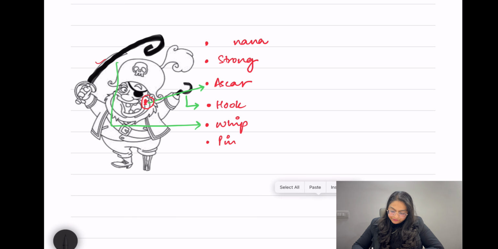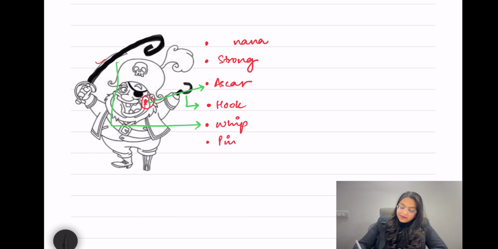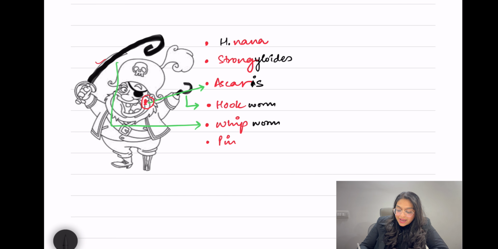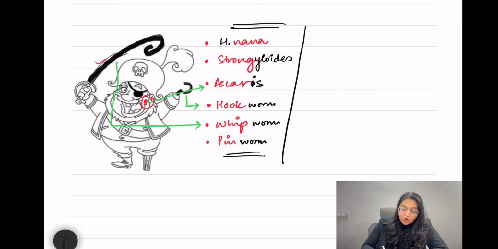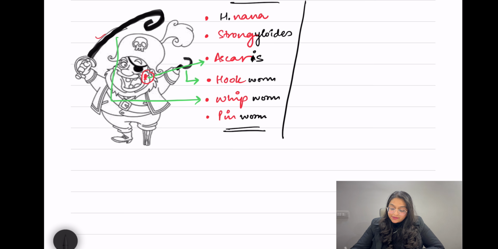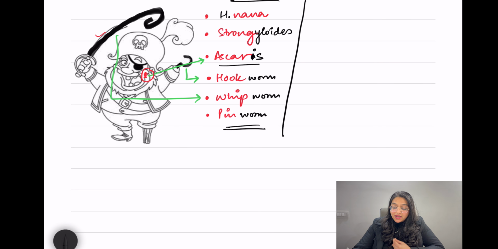Simple? Let's fill in the blanks. H. nana. Strongyloides. Hookworm. Ascaris. Whipworm. And pinworm. So these are the guys which have a simple or a direct life cycle. H. nana, Strongyloides, hookworm, Ascaris, whipworm, and pinworm.